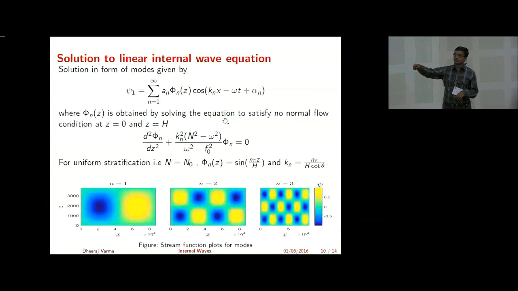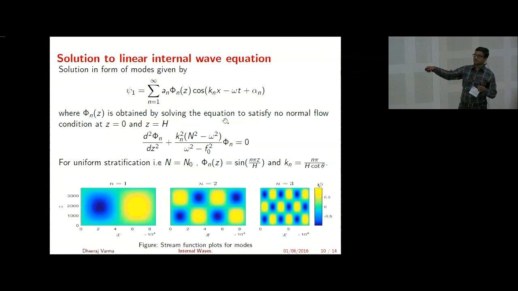So you can look, the solution is of this form. You have cos(k_n x minus omega t) and phi_n of z giving you the mode shape in the vertical direction. If it's a non-uniform stratification, you can substitute this solution in the equation to get a governing equation for phi_n, which can be numerically solved to get k_n and phi_n.